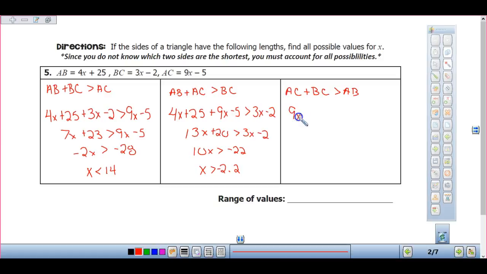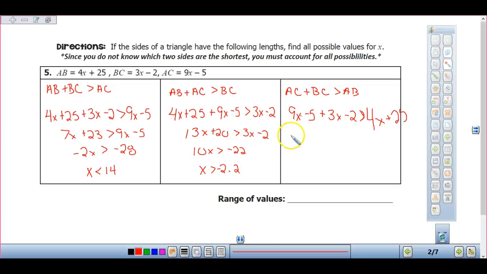AC is 9x minus 5 plus BC is 3x minus 2 has to be greater than 4x plus 25.